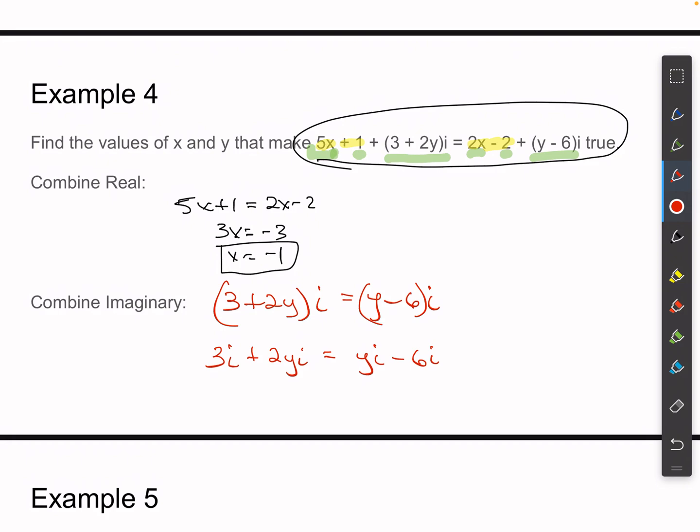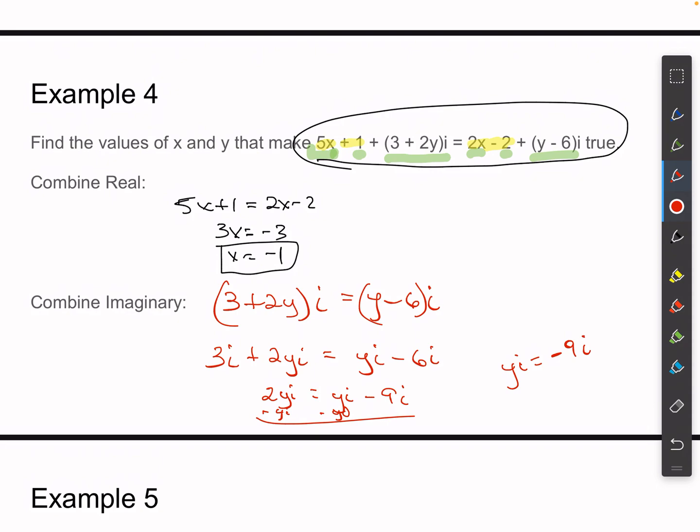If I subtract 3i from both sides, I get 2yi is equal to yi minus 9i. Then let's subtract yi from both sides. And when I do that, I get yi is equal to, what was it, negative 9i?